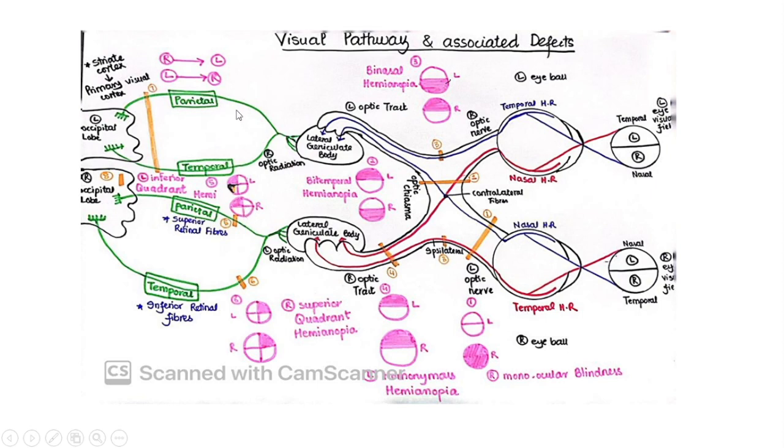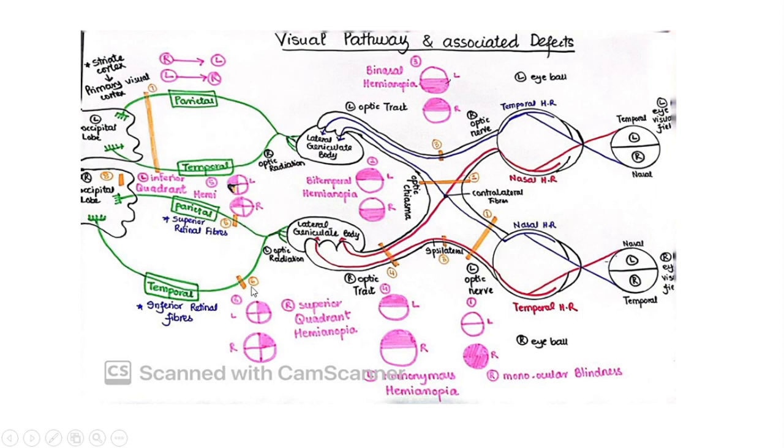So when left-sided damage of the superior retinal fiber occurs, there will be a defect in the right inferior quadrant. So this will be shaded here, this is the right side and this is the inferior side, and this will be shaded here. So it will become right inferior quadrant hemianopia.